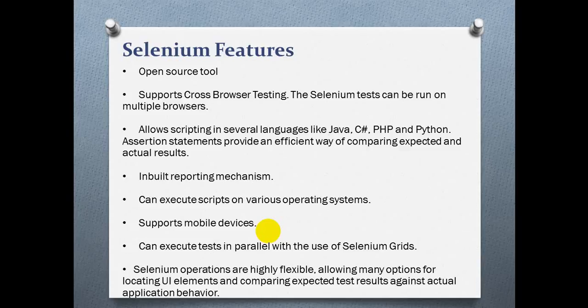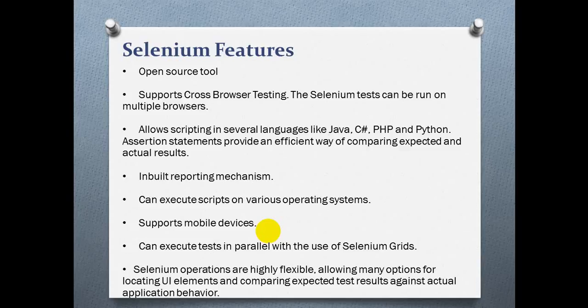And one more advantage is, you can execute your Selenium scripts on various operating systems. I can execute Selenium on Windows 7, Mac OS, Windows 8. I can execute on various operating systems.